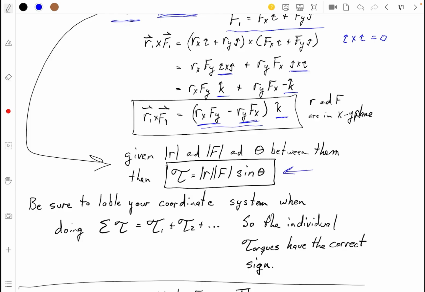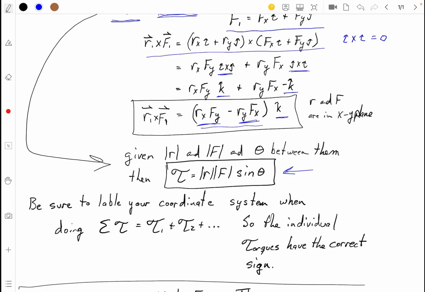And that's nice, right? You can also figure out the angles and all those things just from this.